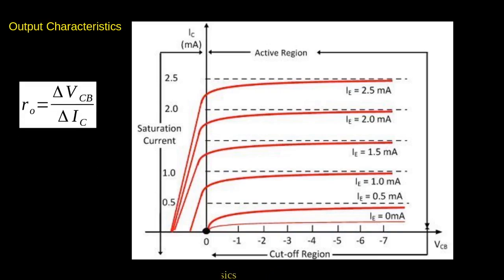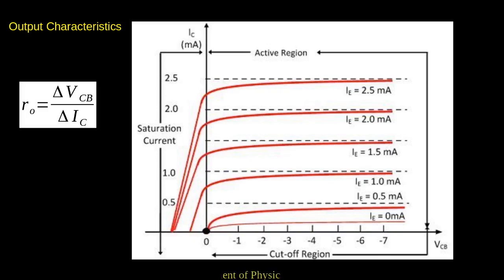So we get the equation R0 is equal to change in voltage across the collector base junction divided by change in collector current. So in the output characteristics the change in collector current is very little with the change in collector base voltage. The output resistance is very high, of the order of several kilo ohms. So this is the input characteristics and output characteristics of the common base transistor.